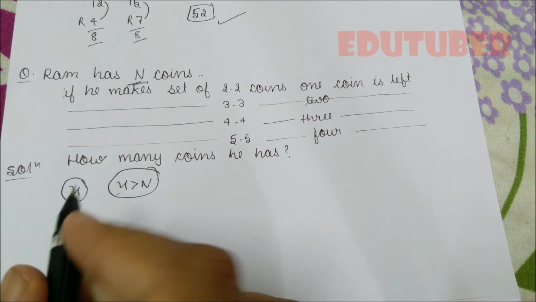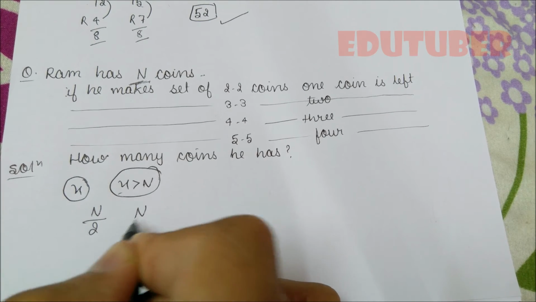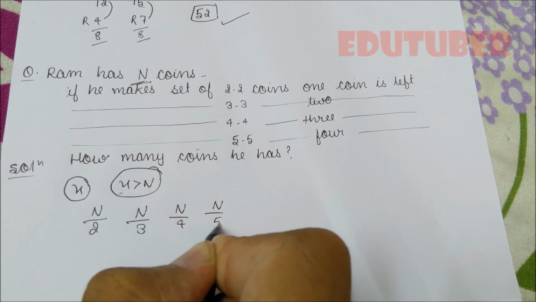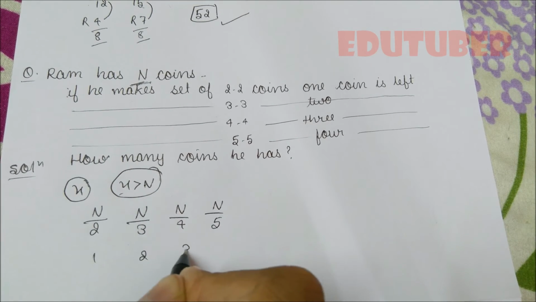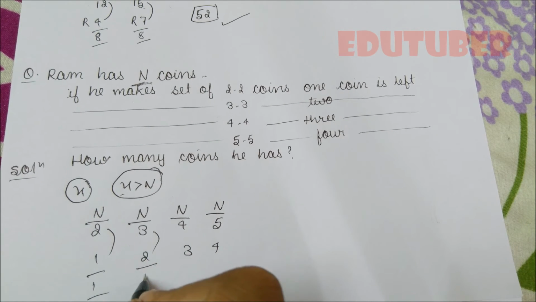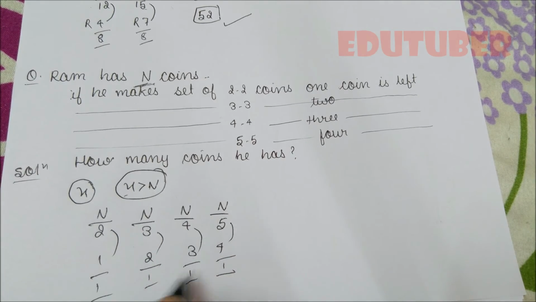Recently we studied that a number divided by 2, 3, 4 or 5 gives remainders 1, 2, 3, 4. If we subtract them from the divisors, we get 1, 1, 1, 1. This is the same relation.